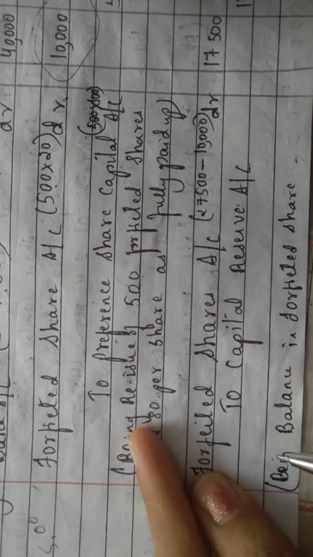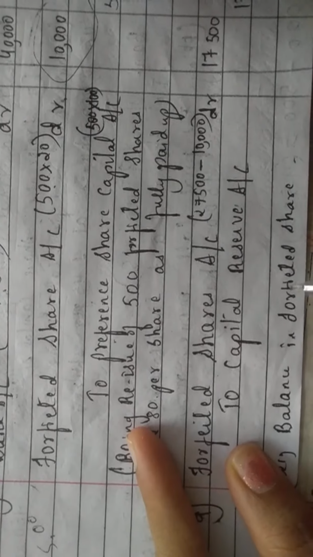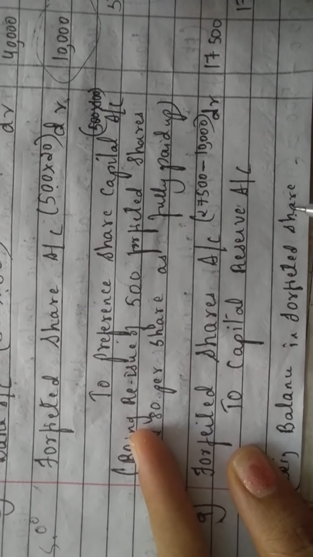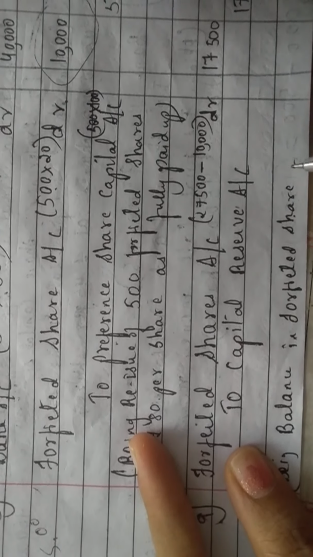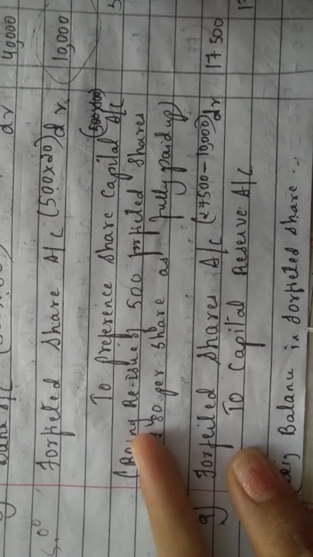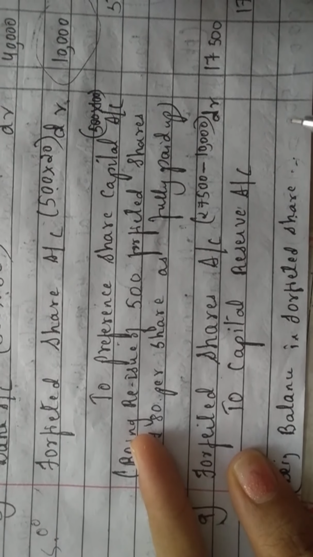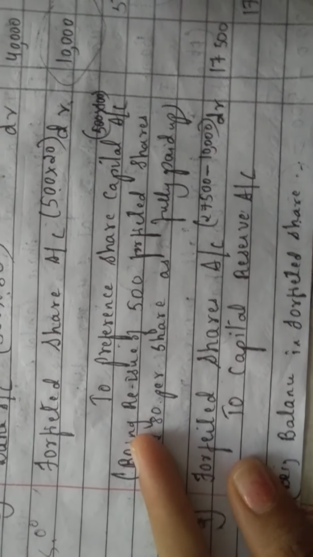So when you subtract you will get 17,500. Last, you write the narration: being the balance in forfeited shares account transferred to capital reserve. Thank you.